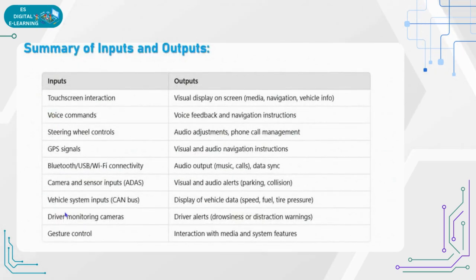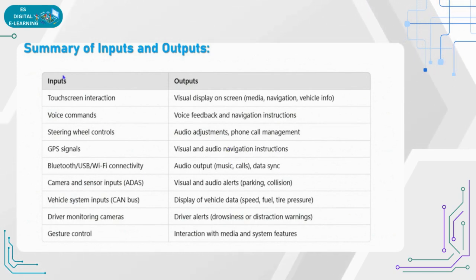Is it clear? So the summary for the above inputs and outputs is like this. Inputs are the touch screen interaction, where you will see the visual display on the screen for media and navigation and vehicle information, and voice command, where you will give voice instructions, and the steering wheel control for audio adjustment and phone call management, and GPS signals for visual and audio navigation instructions, and Bluetooth.